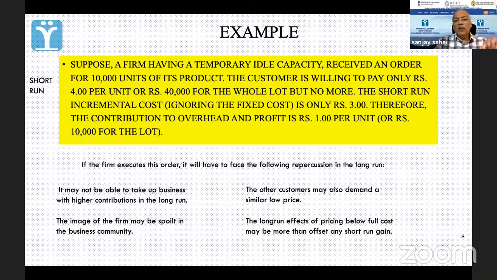Now, the long run effects of pricing below full cost may more than offset any short run gain. So whatever gain you get, the long run effects are going to be much worse for you. That's the point here, and this is the concept which you really have to think about.